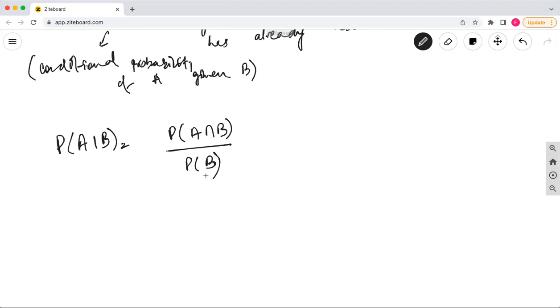Okay, before taking one example, let's see if we have independent events.